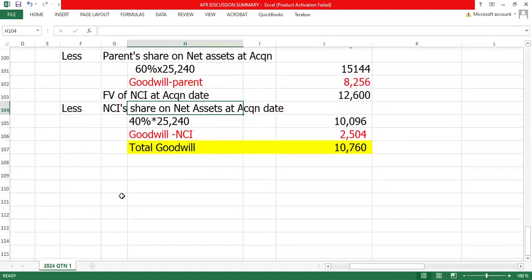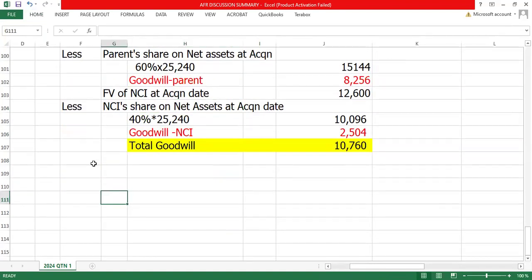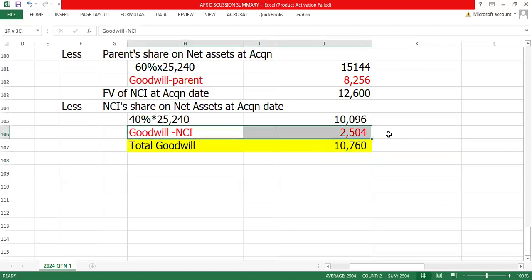Are we okay here? After this, if you realize that the goodwill of NCI is positive, you will share the impairment loss between the group and the NCI. One will affect the group retained earnings, and another will affect the NCI. But if this goodwill is negative, everything will be suffered by the parent.